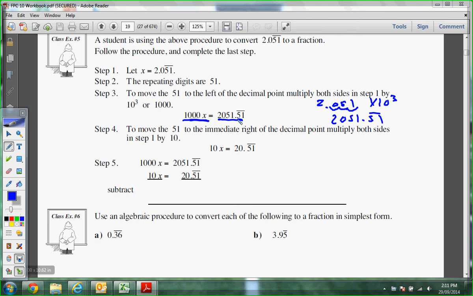Okay. Step 4, to move the 51 to the immediate right of the decimal point, multiply both sides in step 1 by 10.